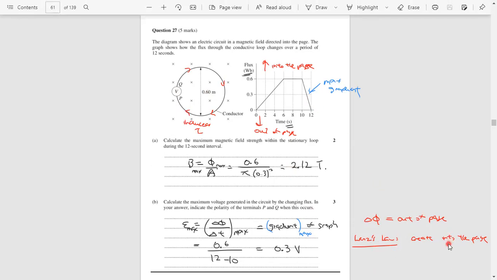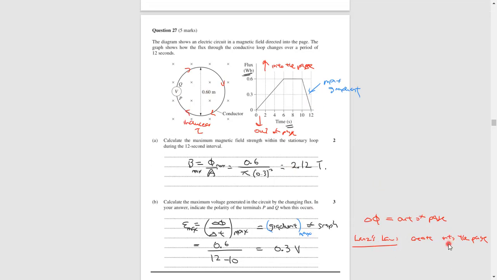It's going to create a magnetic flux into the page inside the coil. I don't care about outside the coil. So if the current is flowing this way, then that would suggest that Q is positive and P is negative, because this is conventional current I. So Q is the positive terminal and P is the negative terminal.